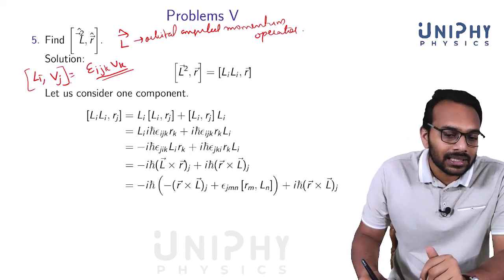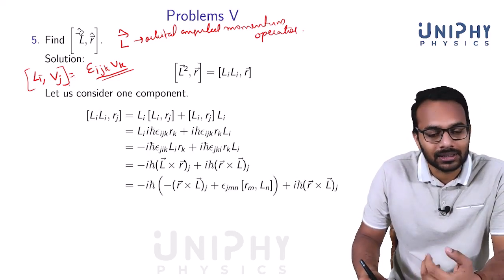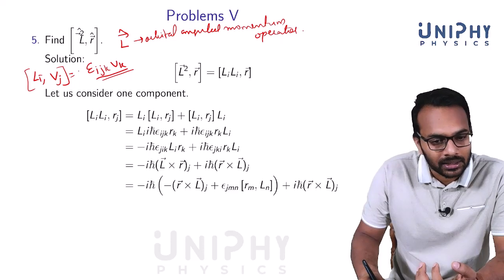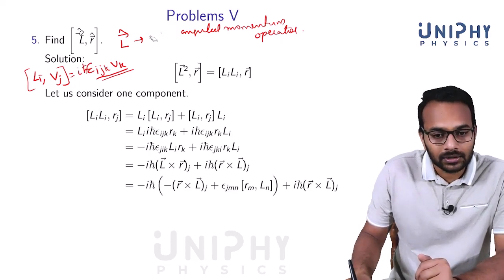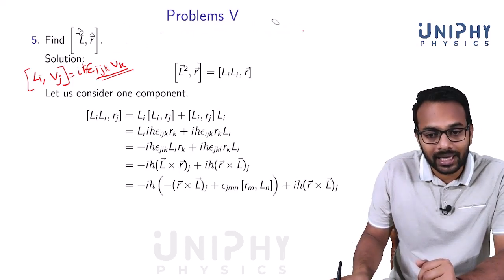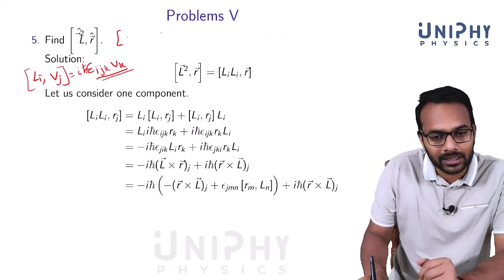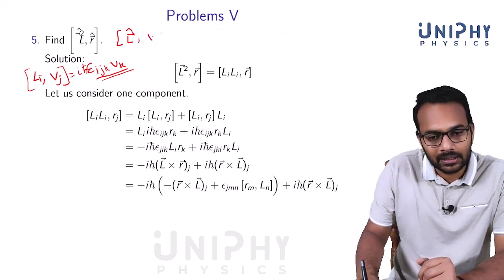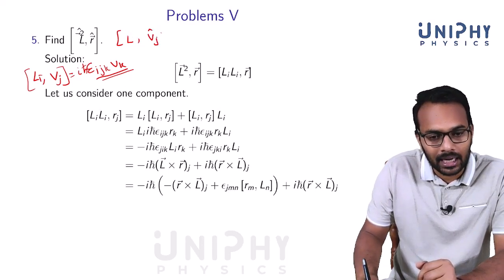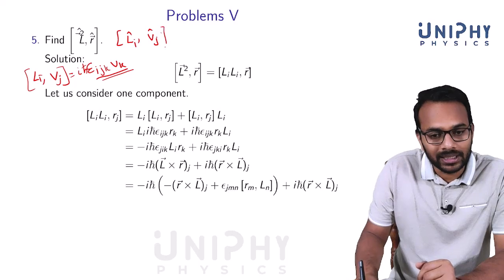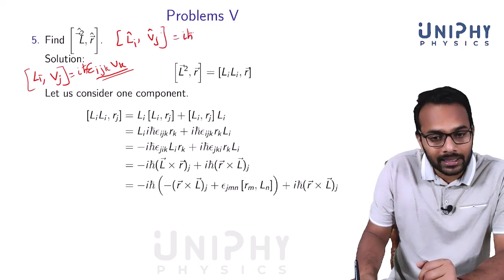Now, what happens when this Poisson bracket becomes a commutator? The only thing is you will have an extra i h cross here. So this result, don't forget, holds for any vector. This is a vector operator, let's say Li with Vj is equal to i h cross epsilon ijk vk.